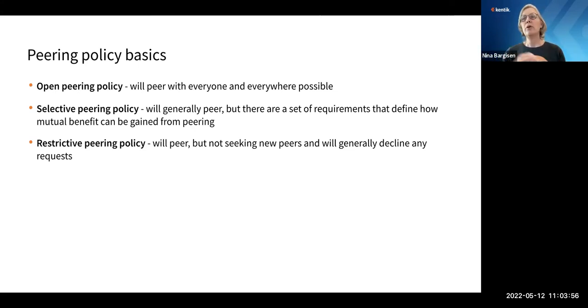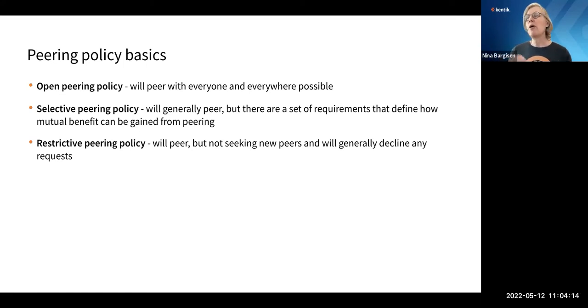And these selective peering policies are for people who want to peer, but want to make sure they only peer with people where the mutual benefit is satisfactory. And so there's a set of requirements that have to be met to make sure that is achieved.